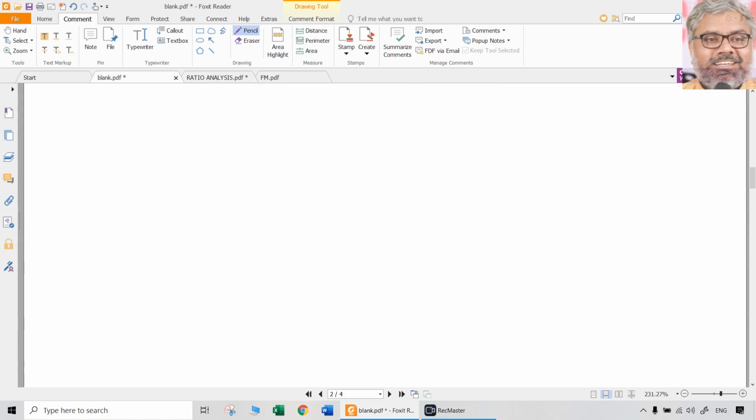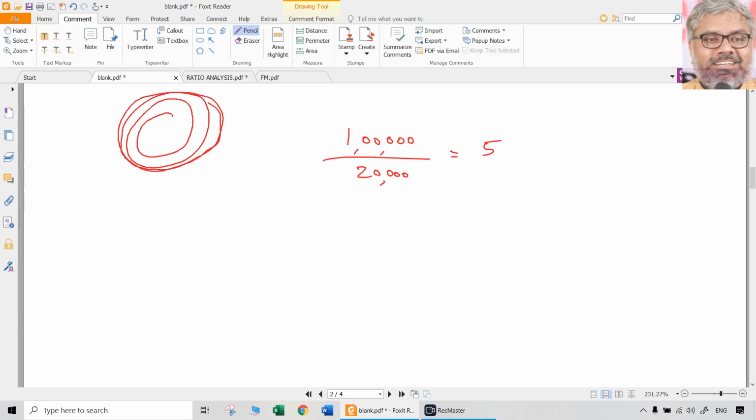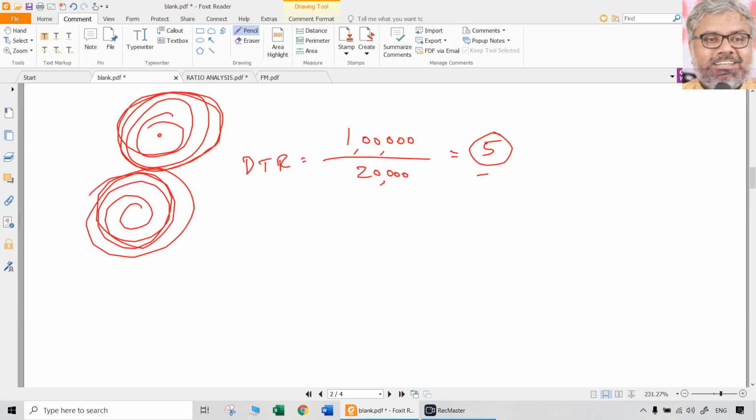Let us say you have a credit sales of say 1 lakh rupees and your debtors on an average are 20,000. That means how many times you are rotating the average receivables, how many times the turnover is happening? 5 times it is happening, and this is what we are calling debtors turnover ratio. Turnover cycles, that's all. How many rounds? 5 times. If the debtors turnover is happening 5 times, for every how many days is the turnover happening?